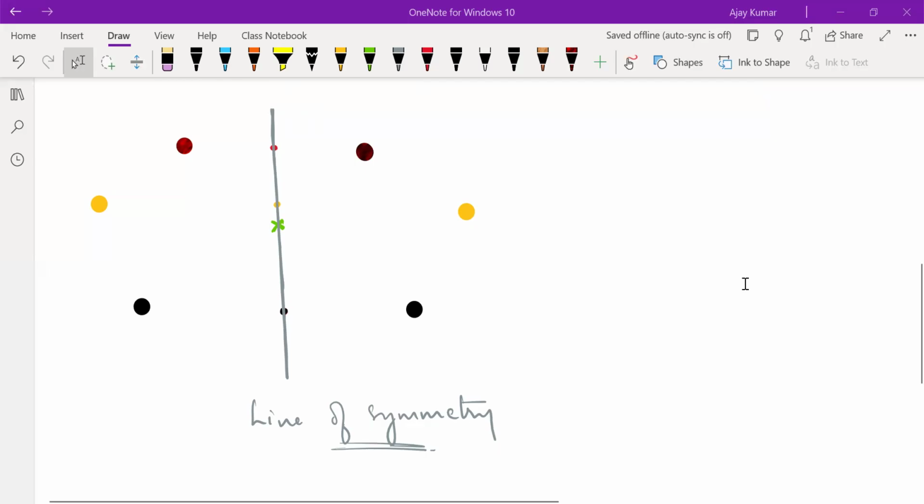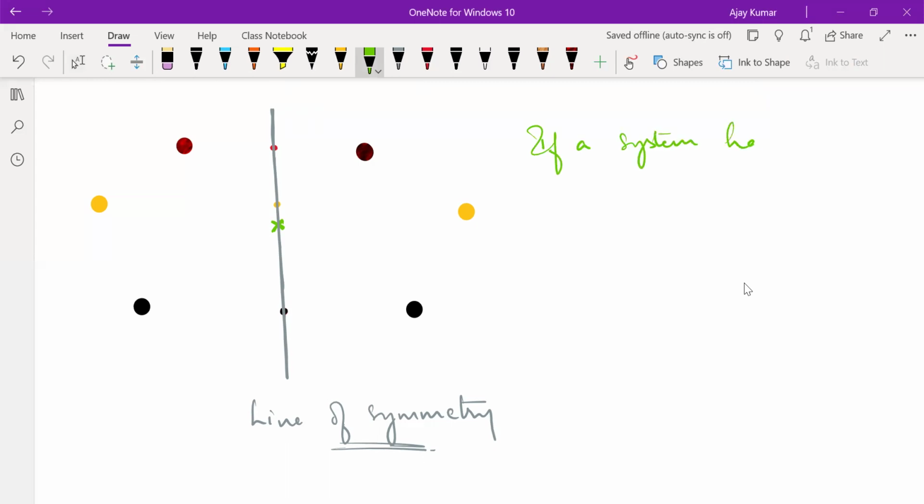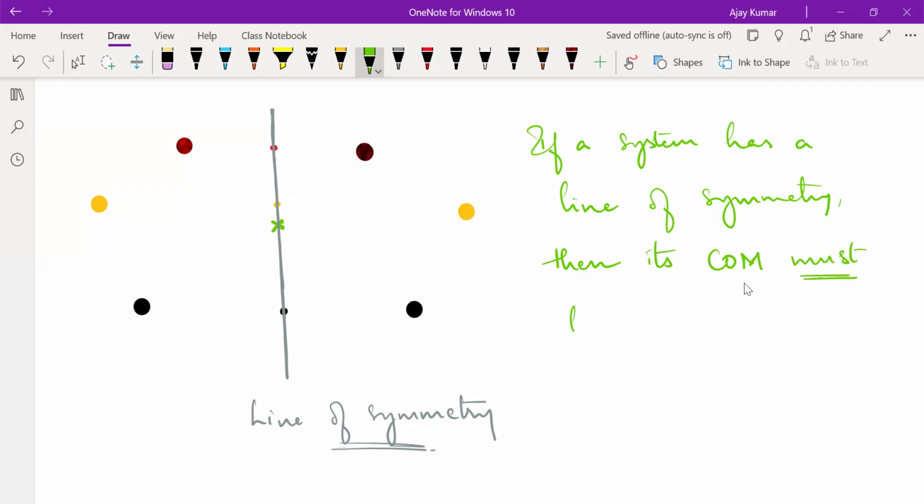So what we can understand from all this is, if a system has a line of symmetry, then its center of mass must lie on that line. Where exactly on that line we'll find out, but it must definitely lie on that line.